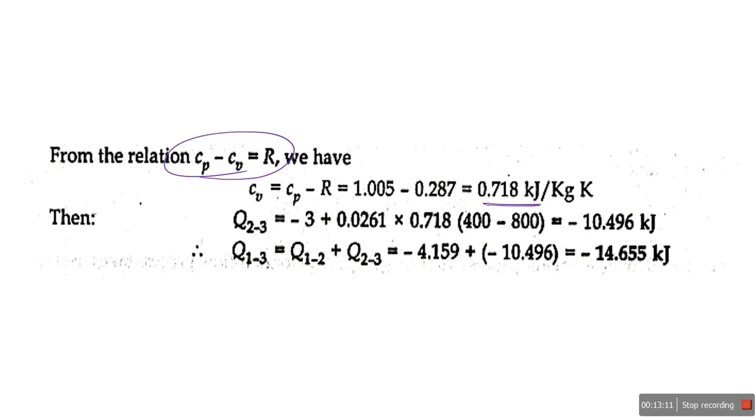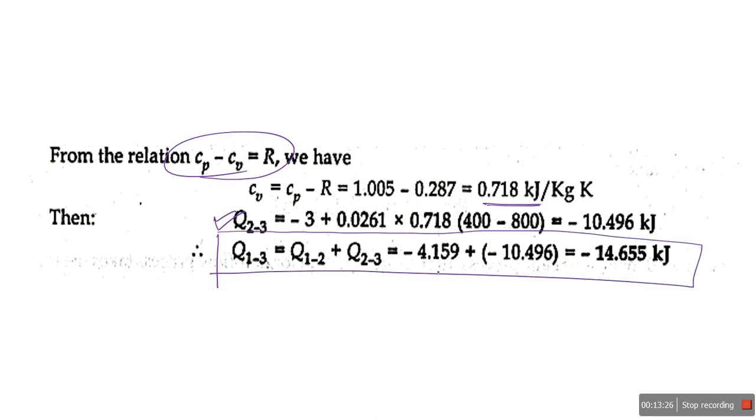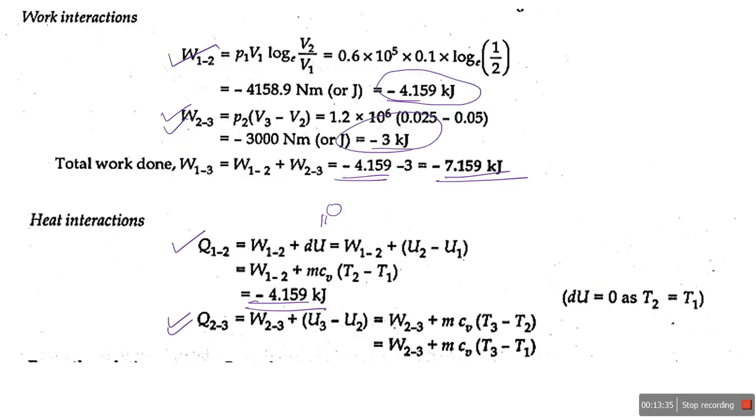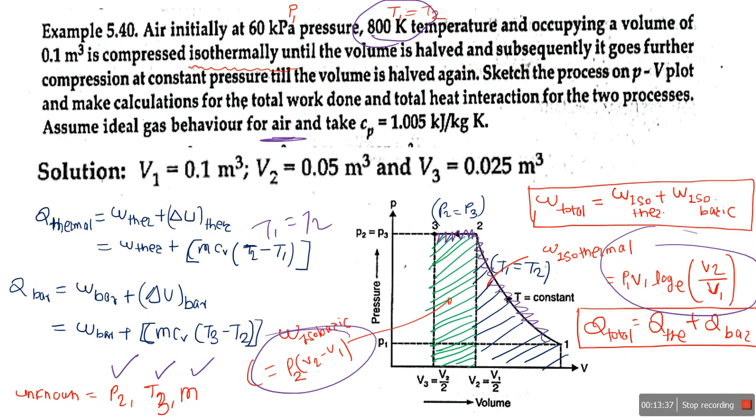We can directly put the value of Cv, for air it is standard. Then heat rejected. So adding, we can get the total heat. This is for isothermal and this is for isobaric. Hope you understood this equation. The very important term is this term here. Okay, thank you.